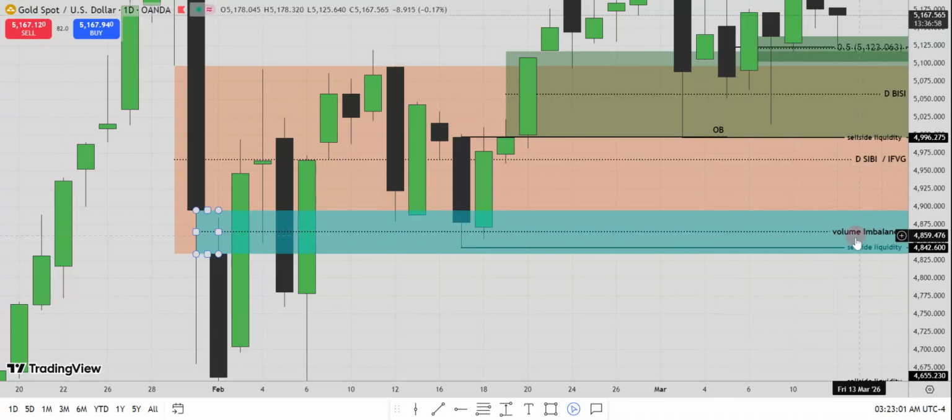This volume imbalance here. Okay? That's up. Discount array. It was used as a discount array here. Now we're doing something here.